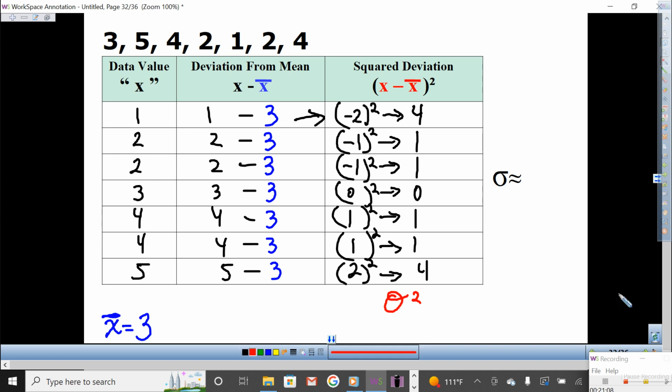All right, check with the neighbors, see what they got for the squared deviation. We good?